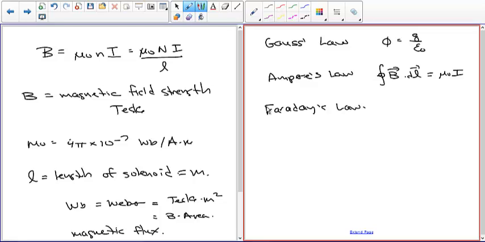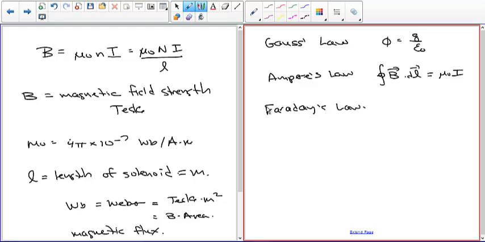So Faraday was an English guy, and I don't think he was a professor. He was just some guy who was a genius, but did more practical stuff. And he thought, if a moving charge created a magnetic field, then could a magnetic field create a moving charge?